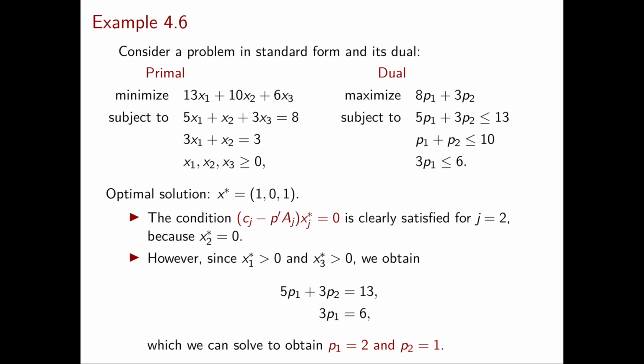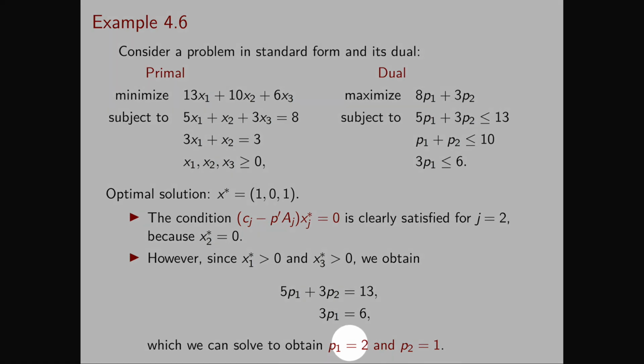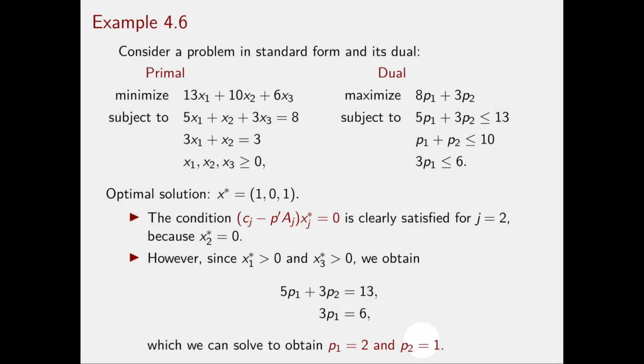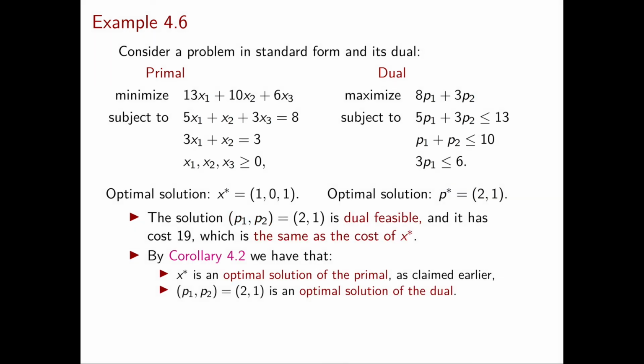This is a system of two linearly independent equations in two variables, and you can easily check that the unique solution is p1 equal to 2 and p2 is equal to 1. So as promised, we use the complementary slackness conditions to determine a unique solution to the dual. The solution for the dual that we obtained, which is (2, 1), is dual feasible.